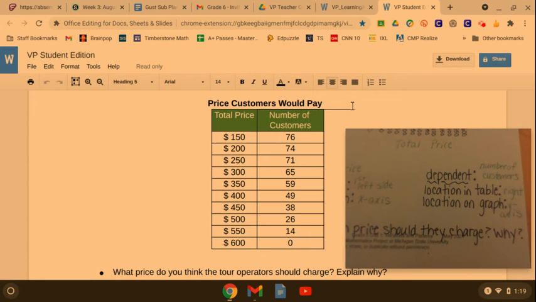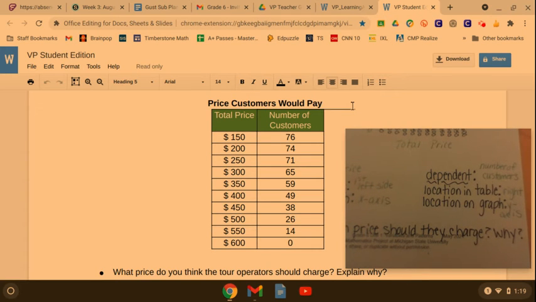I cannot just start my graph at 150. I have to go from 0 to 5s, 10s, 15s, 20s, 25s, 50s, 100s, something that I can skip count by, but I cannot just skip from 0 to 150.